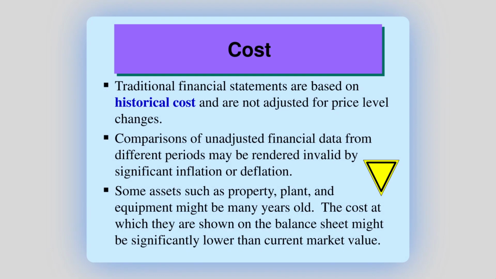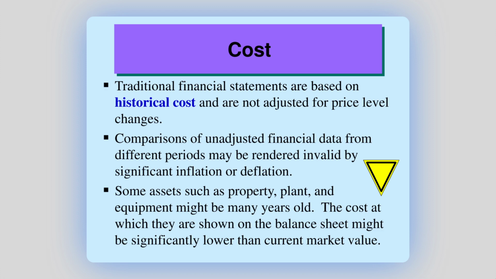Number two is about our costs. Traditional FS are based on the historical costs, and they are not adjusted for the price level. So comparison of the unadjusted financial data, parang inconsistency with our data.